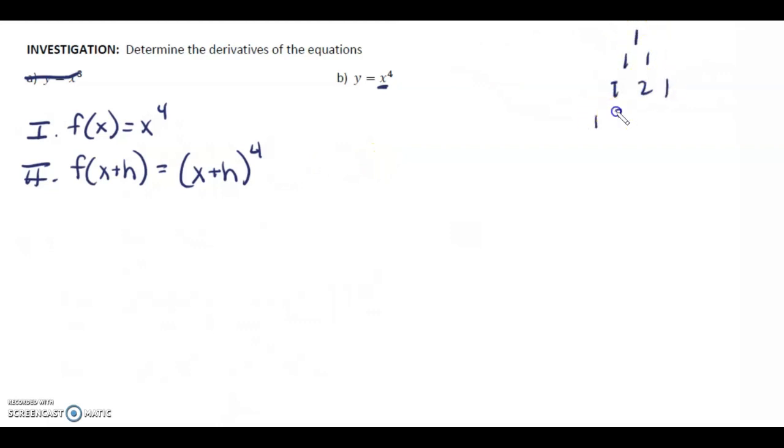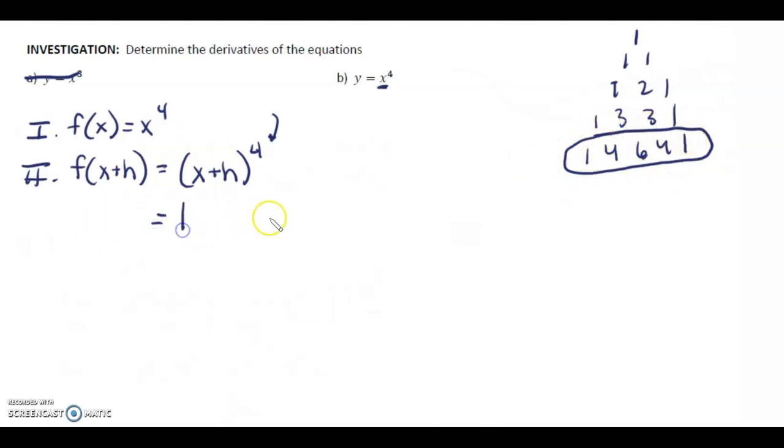Okay, 1, 2, 1, 1, 3, 3, 1, 1, 4, 6, 4, 1. So just a couple reviews from Pascal's triangle. If we have exponent 4, we're actually going to have 5 numbers in the expansion. Okay, so these 5 numbers are going to have coefficients 1, 4, 6, 4, 1.